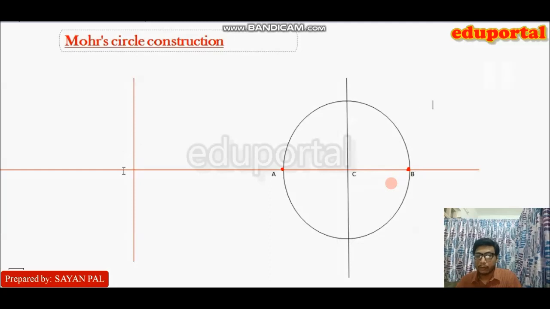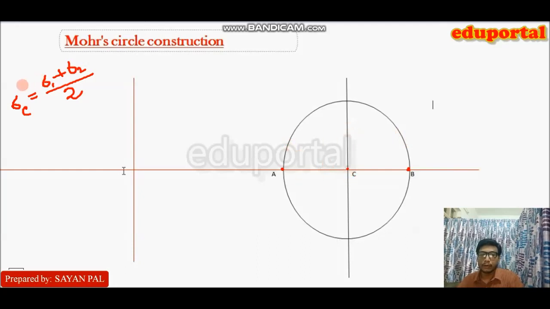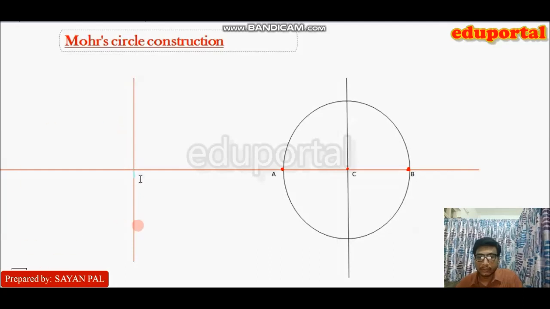The coordinate of the center is sigma C, which equals sigma 1 plus sigma 2 by 2, and it will lie on the x-axis. Doing this we will get the center point, and we will draw the Mohr circle.